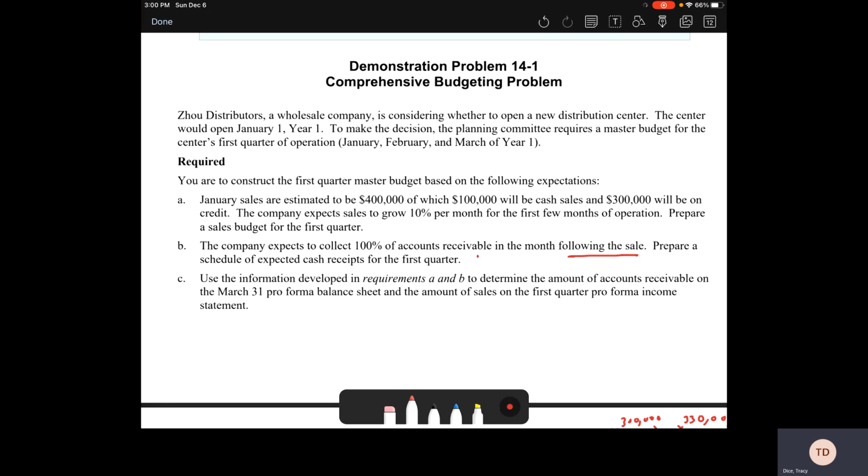It may take several months, or we might not collect it at all. Remember we had those allowance for doubtful accounts before? But when we're making this budget, we are just going to say we're going to collect 100% of the accounts receivable in the next month.